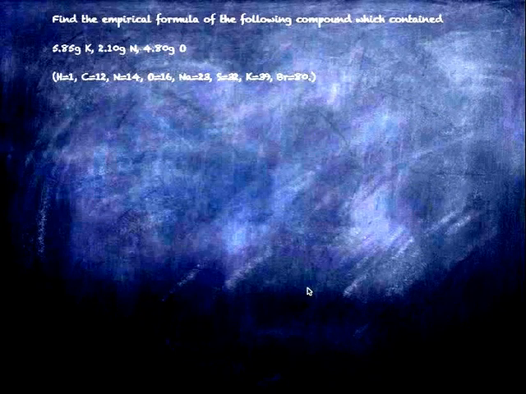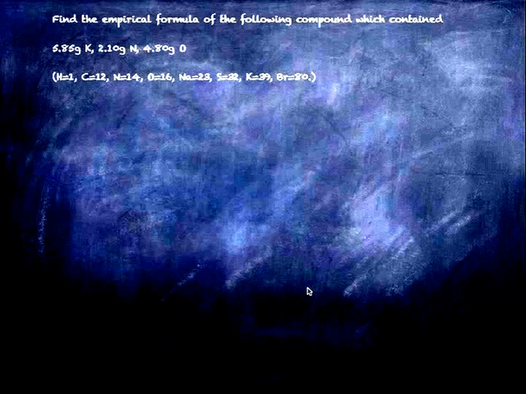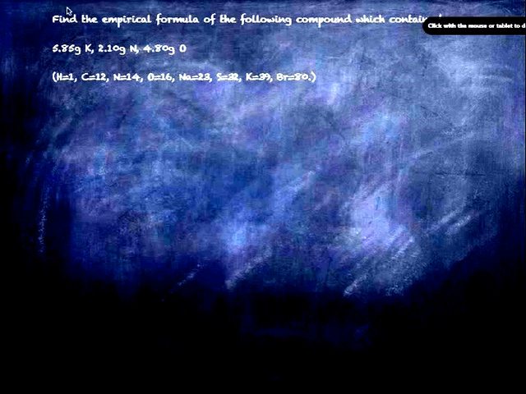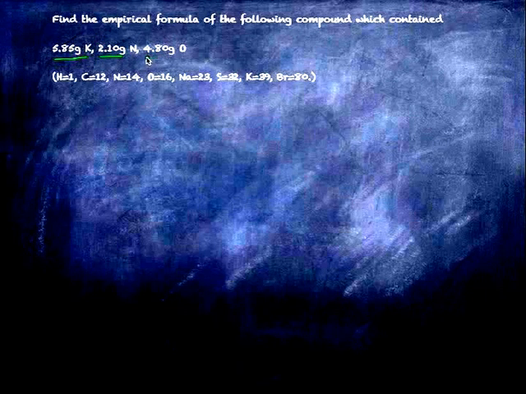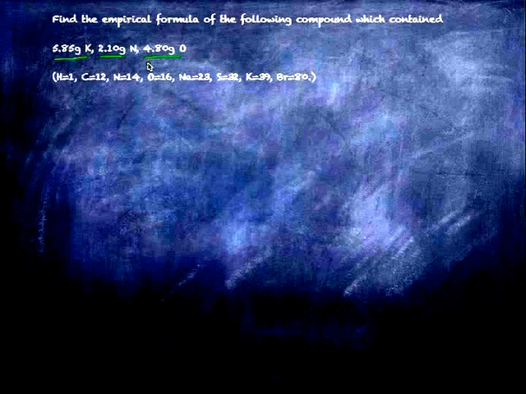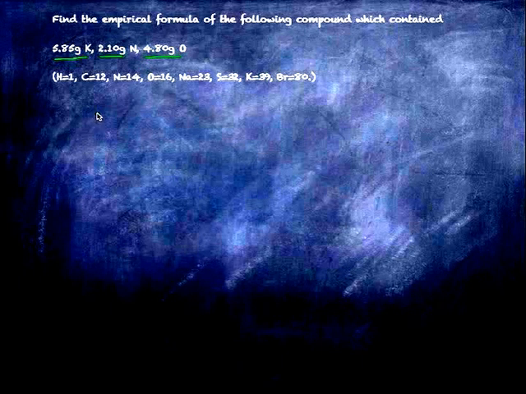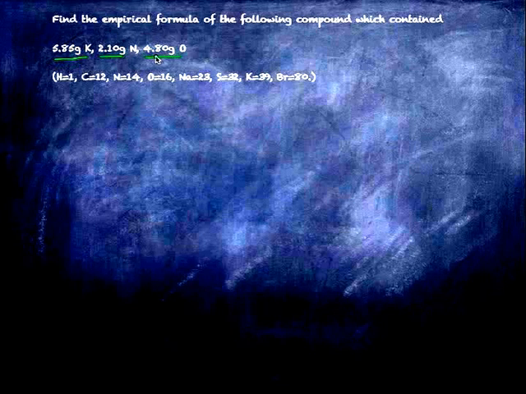Okay, now, this is where it gets a little more challenging. So this time we are working with small amounts of a substance, which when you're a chemist and you're analysing chemicals, you will be doing in small amounts. So this particular compound was found to contain 5.85 grams of potassium, 2.10 grams of nitrogen, and 4.80 grams of oxygen.